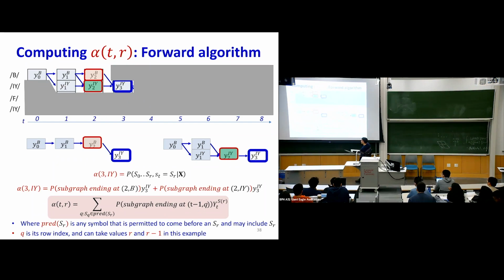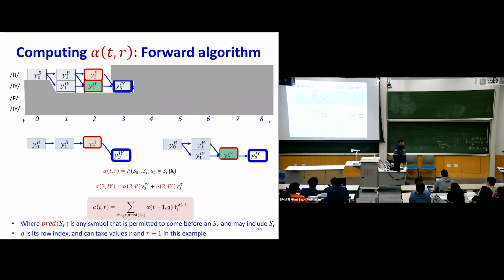So basically, this alpha is the sum over all predecessors, all parents of this node, of the probability of the subgraph ending at that parent at time t minus 1, times the current probability, which is simply the corresponding alpha. So I can just say that the alpha at any TR is the sum over all parents of the node of the alpha of the parent times the probability of the current node. Does this make sense, all of you?